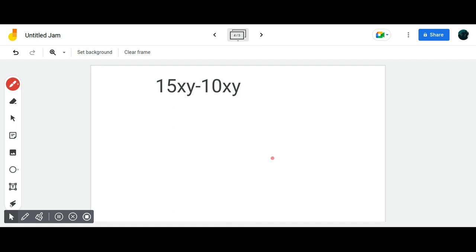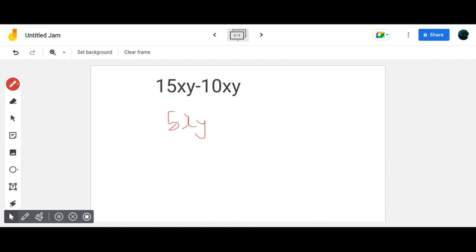So we can just go ahead and subtract them, which 15xy minus 10xy is going to give us 5xy. Because 15, sorry, minus 10 is 5. So I'm left with 5xy. But can we factorize this? You can just leave this as your final answer.